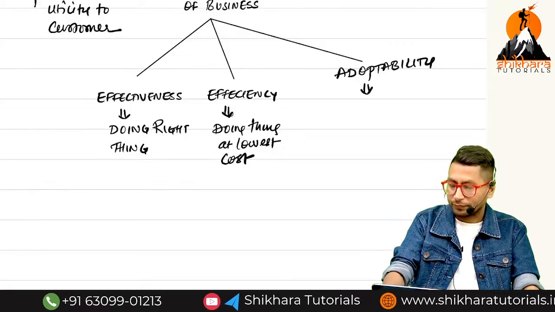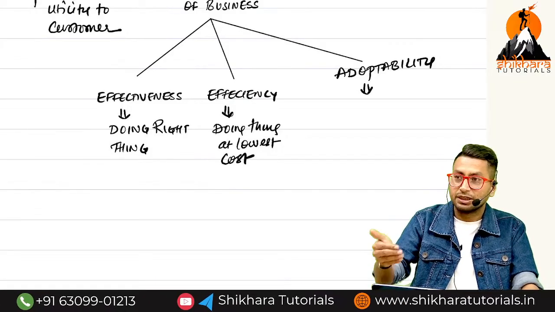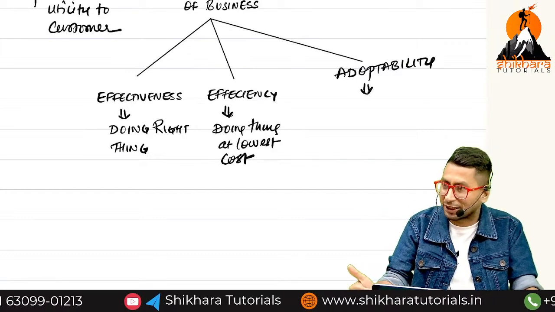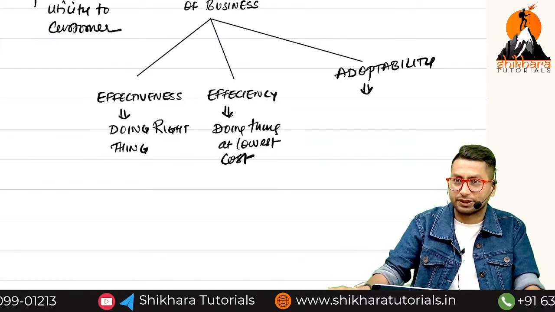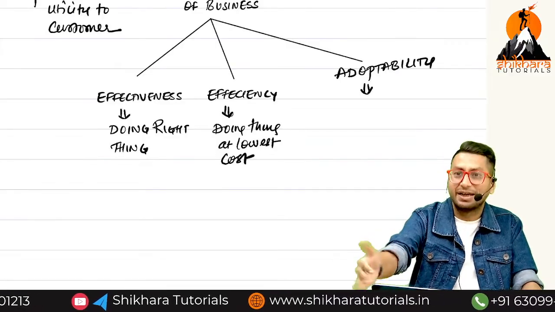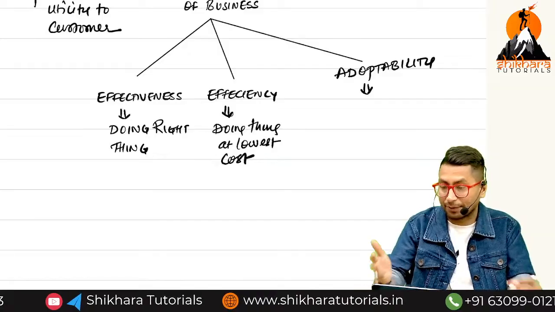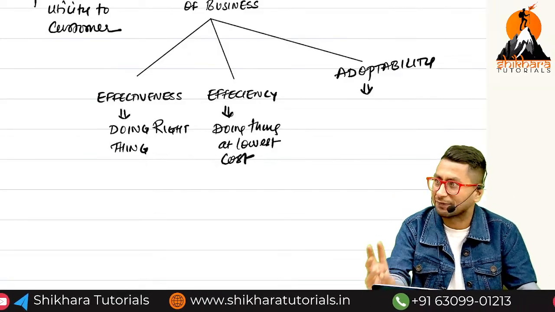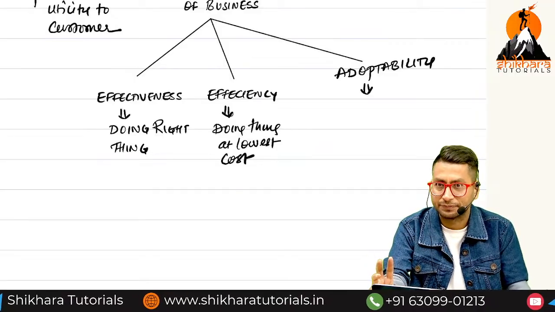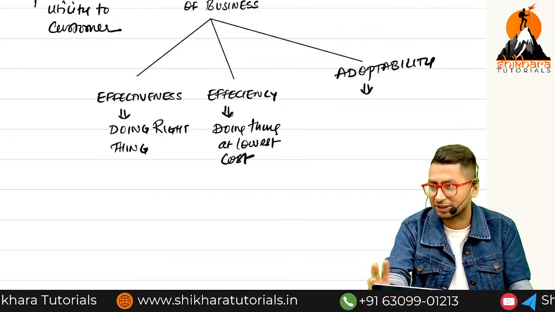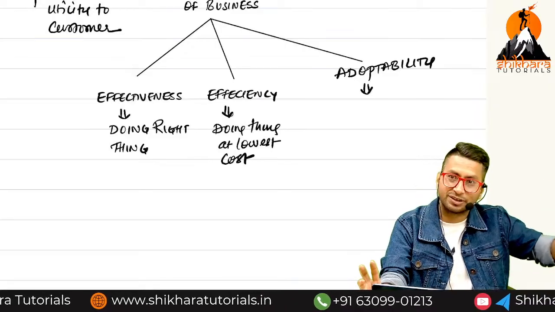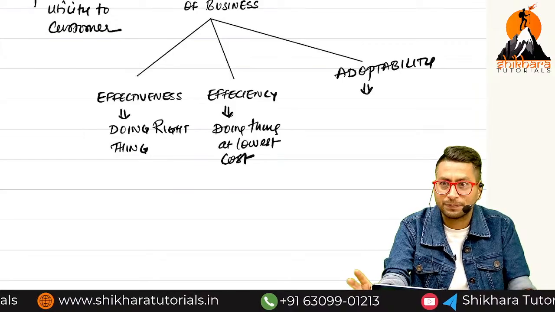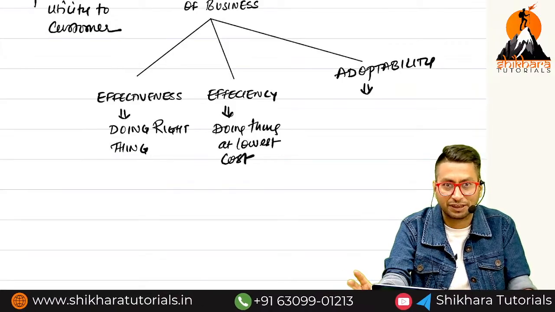Adaptability. Adaptability means, see, if I don't adapt according to market situations, I will lose the advantage. Let us say, for example, I'll name some companies. Mercedes. Is it having electric cars in India? Yes, because it is thinking about the present and the future. BMW. Yes, it's having electric cars.